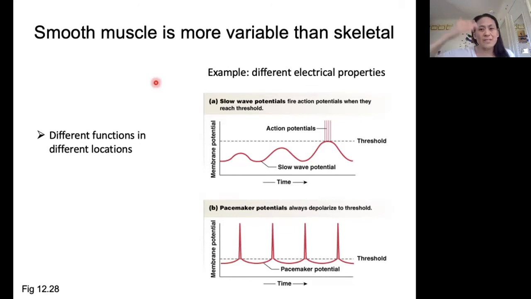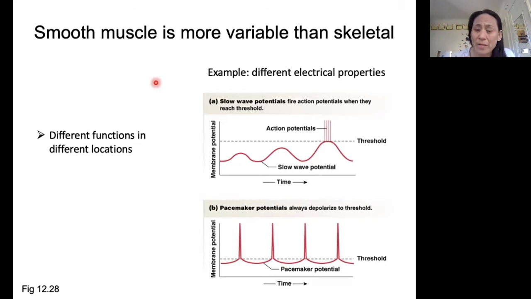That consistency of structure has a lot to do with the function of skeletal muscle. Skeletal muscle just has one function, which is to contract and bring bones close to each other. Okay. So since we just have one thing that we need to do, we can achieve that with the same structure. However, smooth muscle is very different.